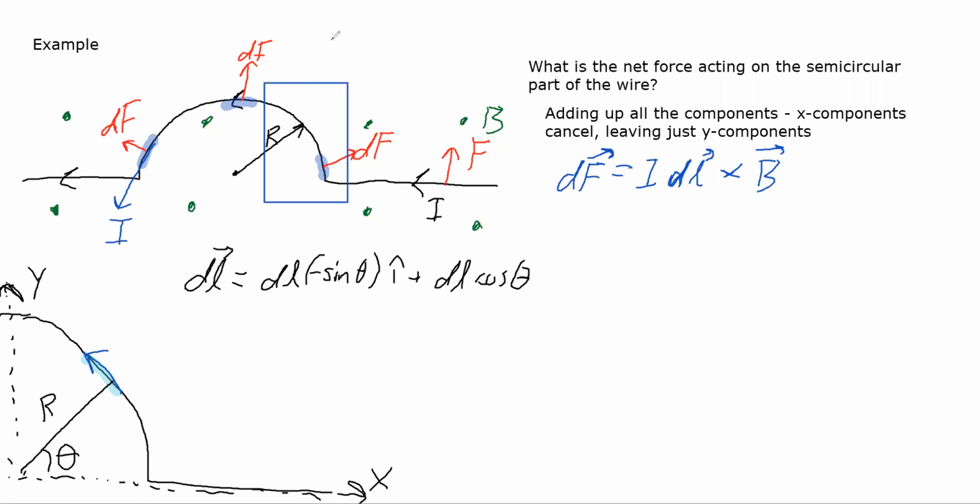Let me do it in red. So here's my x-axis, here's my y-axis. That theta shows up right here, so it's relative to the vertical. Okay. Maybe you didn't have that question, but that's the answer. And that'll be j hat here.